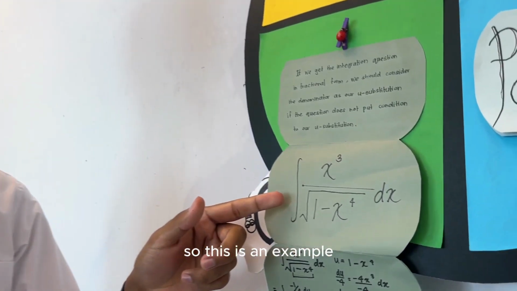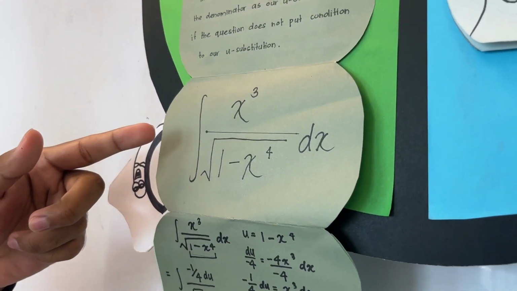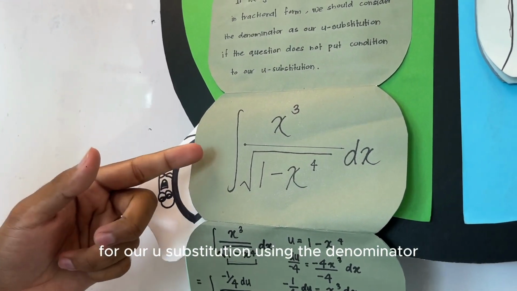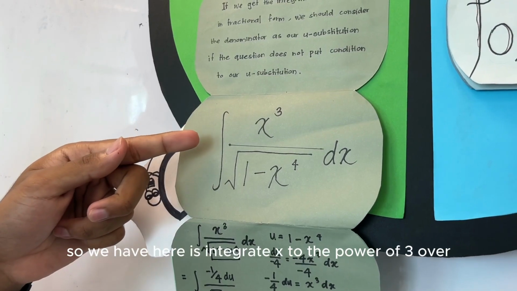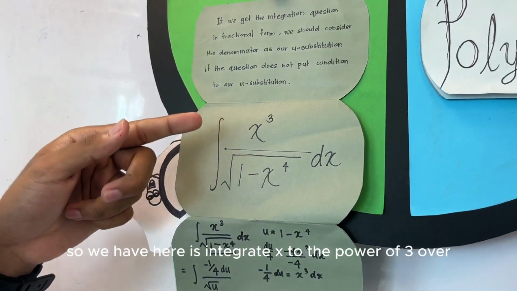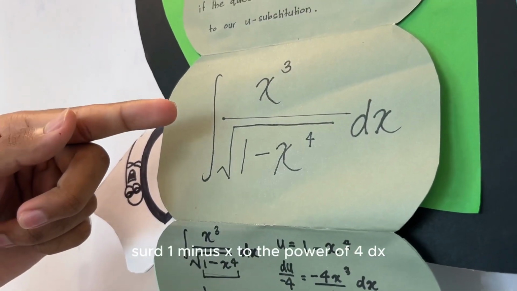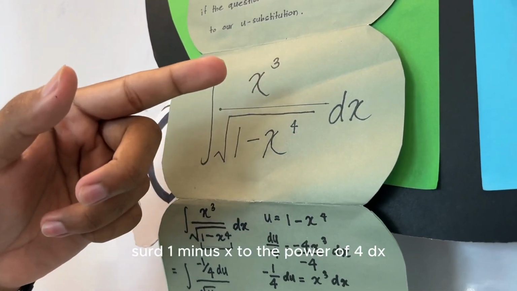So, this is an example for our U substitution using the denominator. So, what we have here is the integral of x to the power of 3 over the square root of 1 minus x to the power of 4 dx.